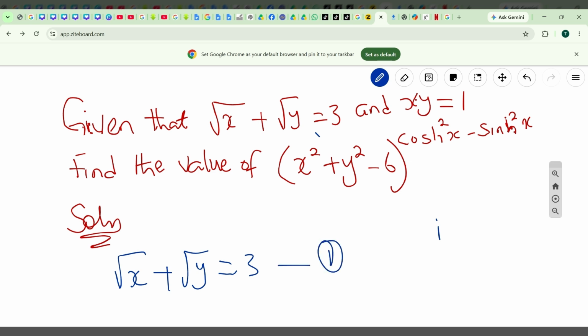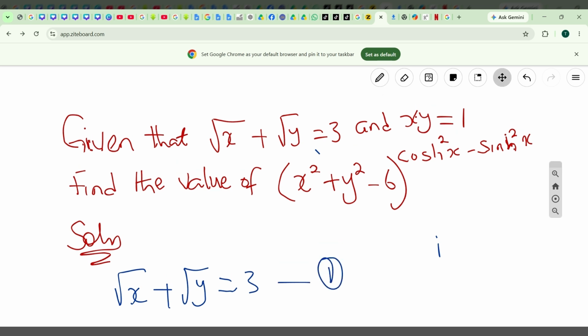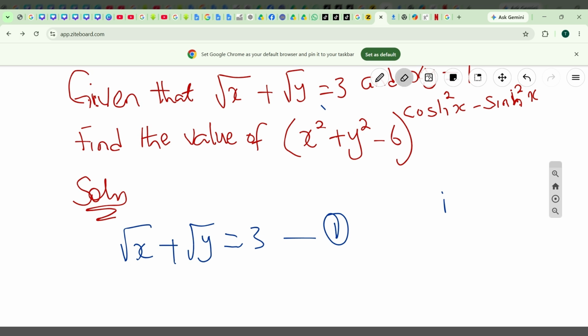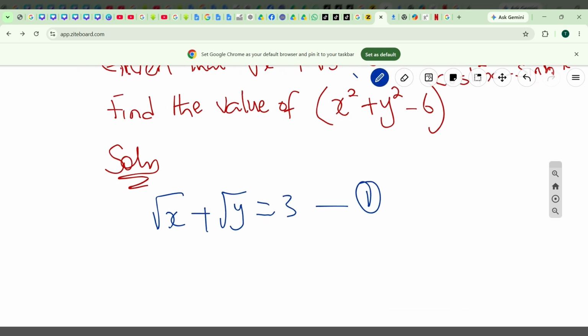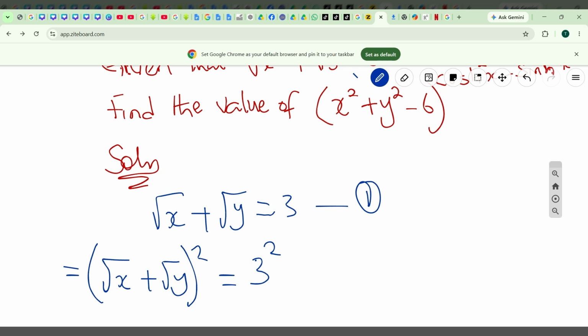Call that equation 1. From equation 1, we need to square both sides. So square root of x plus square root of y all squared is equal to 3 all squared.